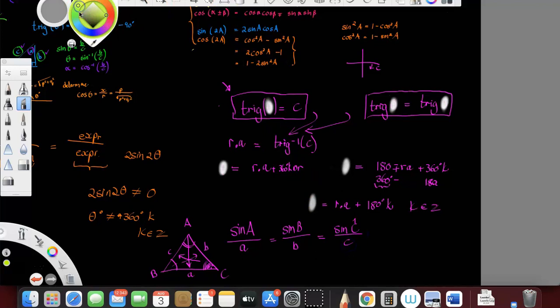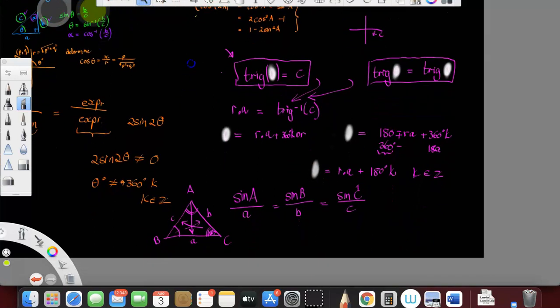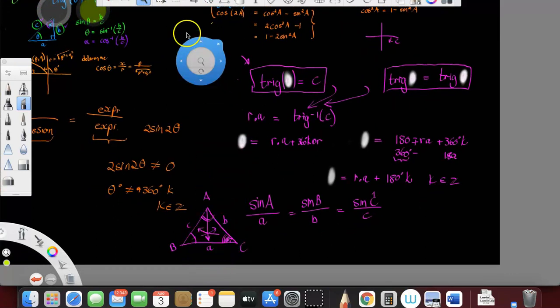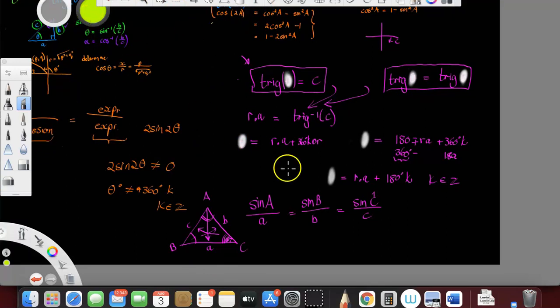And the cosine rule, similar but different. It works in the same setup. When would you use the sine rule? You'd use the sine rule because you would need one of these two, and for example these two. You have an angle and an angle, a side and a side.